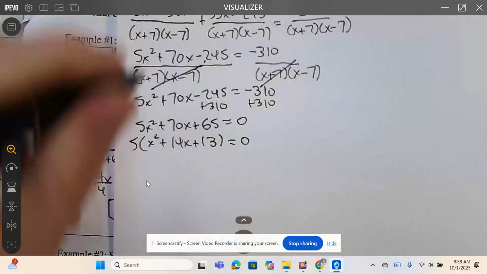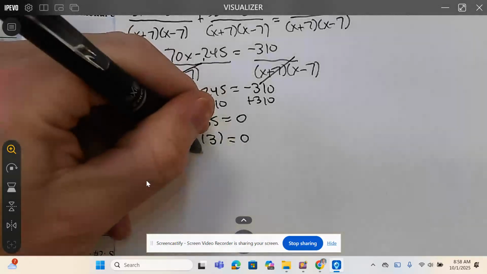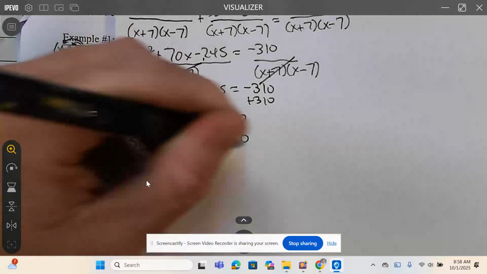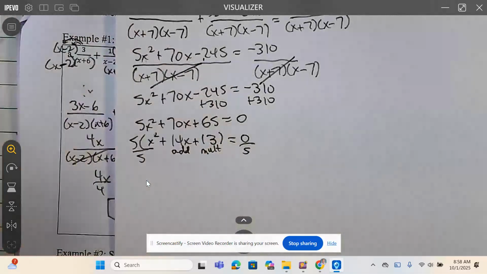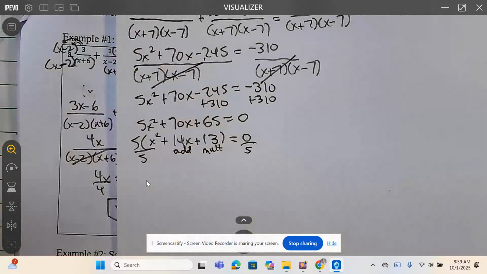So I could factor out 5, because then at this point I could just do what multiplies to this and adds to this. I could divide by 5 on both sides and get rid of the 5. So the 5 just basically goes away. I could just divide everything by 5 right off the bat.